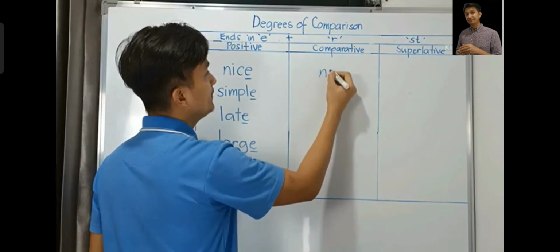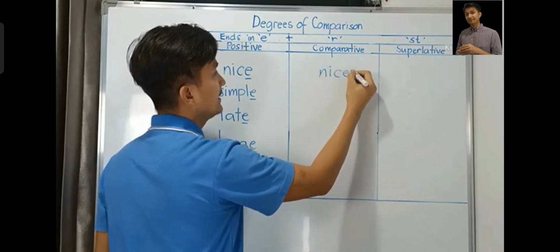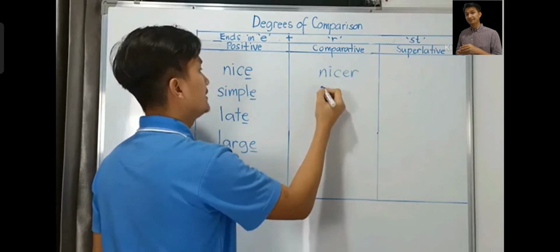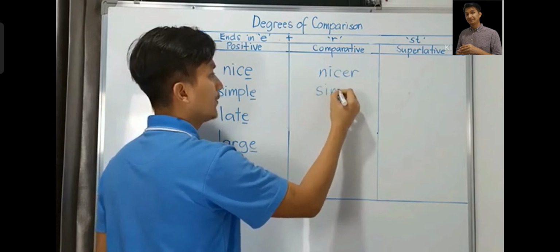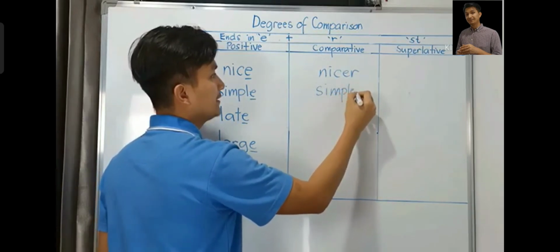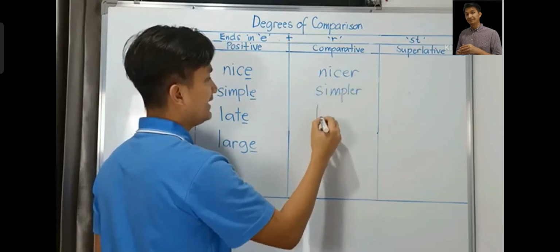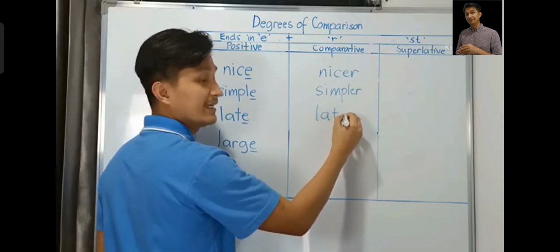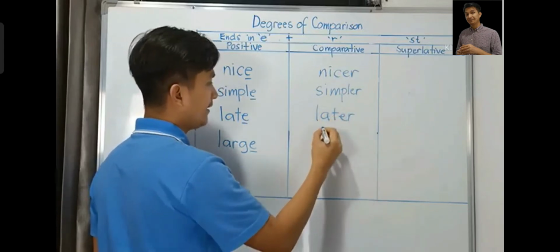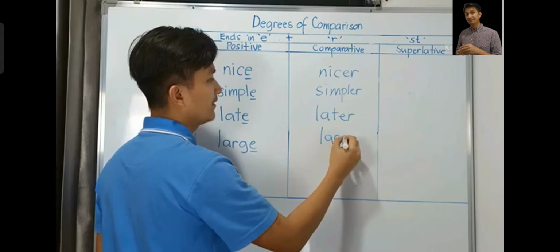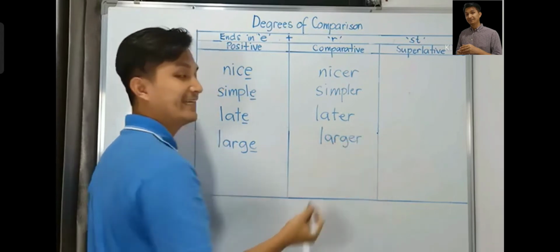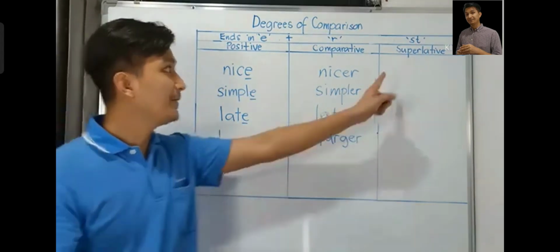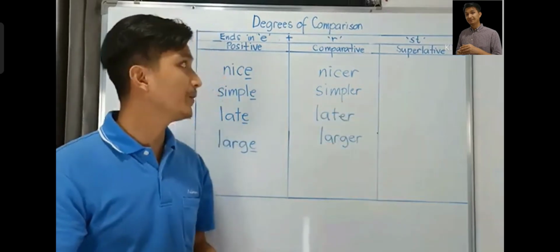So nice would become nicer. Simple, simpler. Late, later. And large, larger. Easy? And how about in the superlative form?